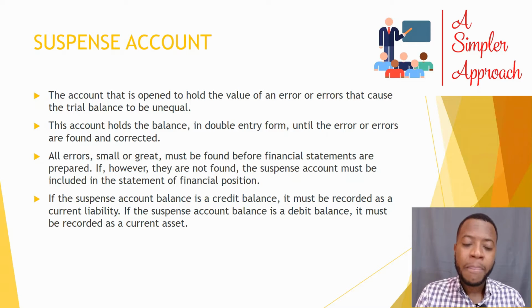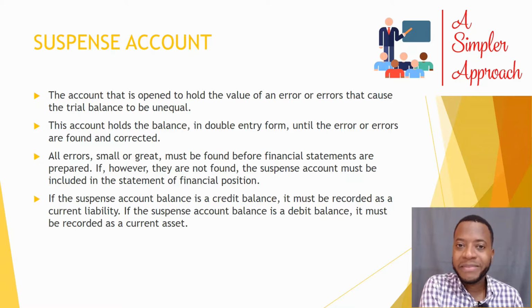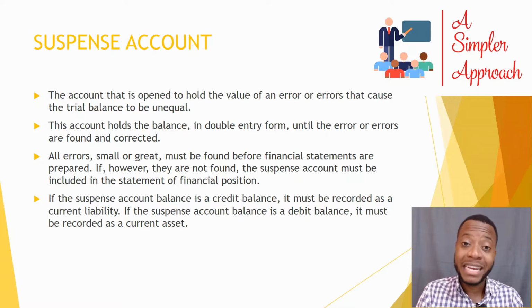In addition to that, errors should be found swiftly. But if those errors aren't found up until the point of the preparation of the financial statements, then the suspense account would have to fit in the financial statements, the final accounts.